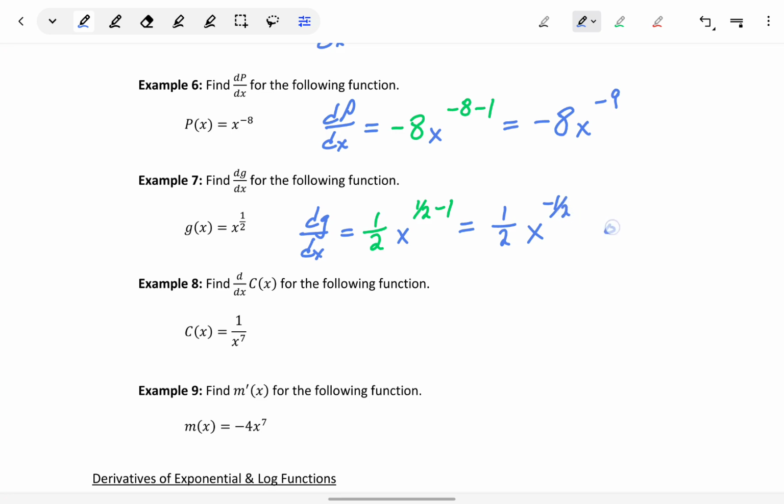Or if we wanted to rewrite that with a positive exponent, we could move that x down to the denominator to write this as 1 over 2x to the 1/2 power, which is also the same thing as 1 over 2 times the square root of x.